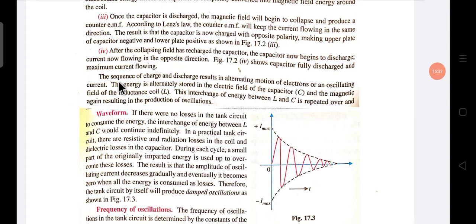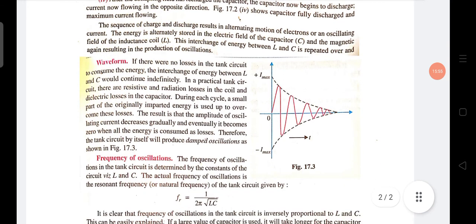The energy is alternately stored in the electric field of the capacitor C and the magnetic field of the inductance coil L. This interchanging of energy between L and C repeats again and again. Sorry, the waveform is like this, and this is the waveform of damped oscillation.